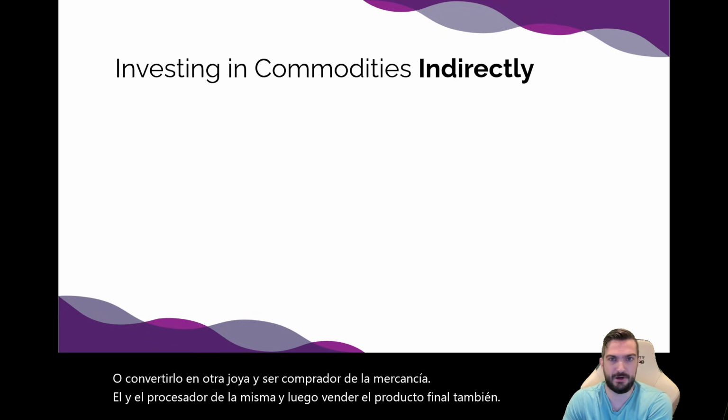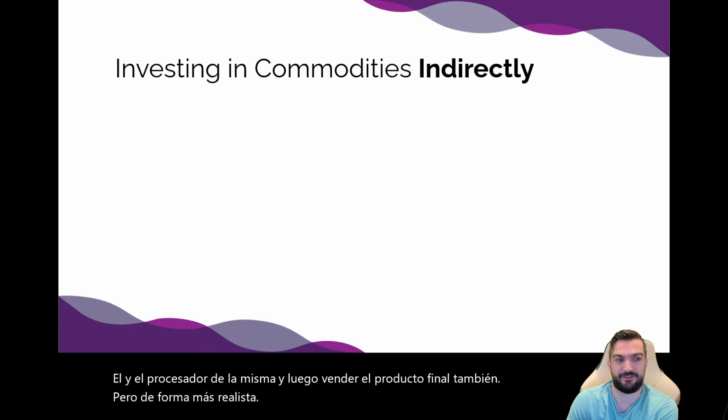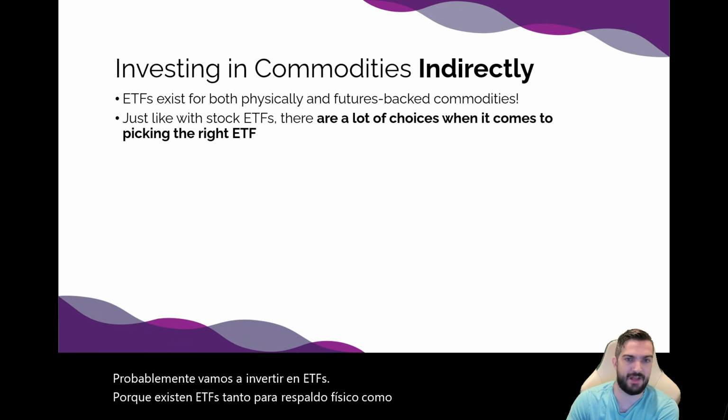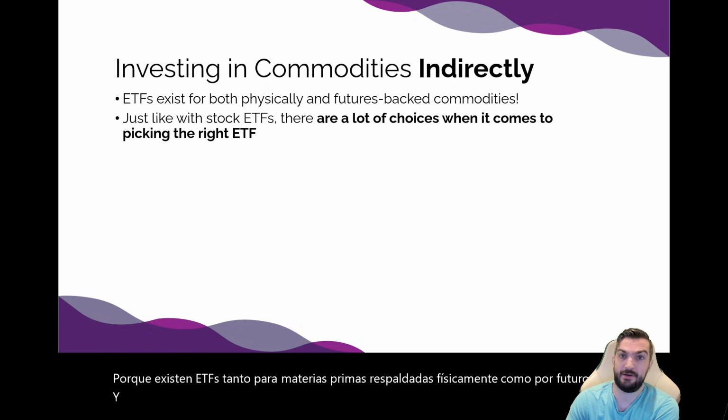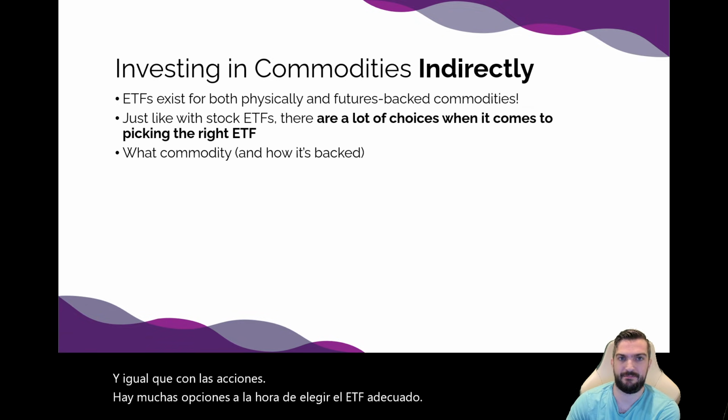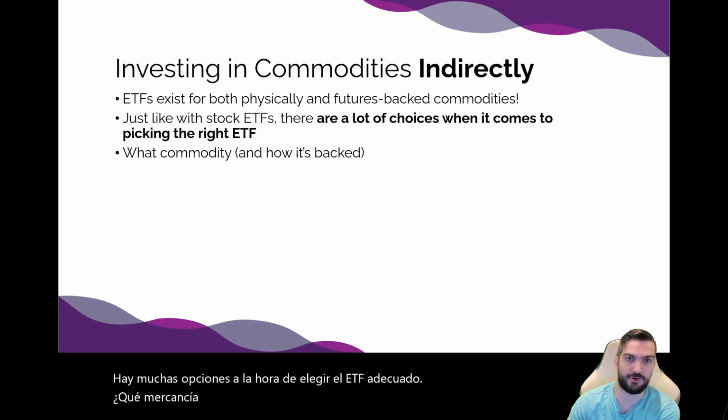More realistically, though, we're probably going to invest in ETFs, because ETFs exist for both physically and futures-backed commodities. And just like with stocks, there are a lot of choices when it comes to picking the right ETF. What commodity is it, and how is it backed? Physical or futures?